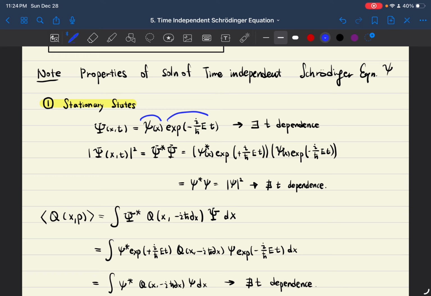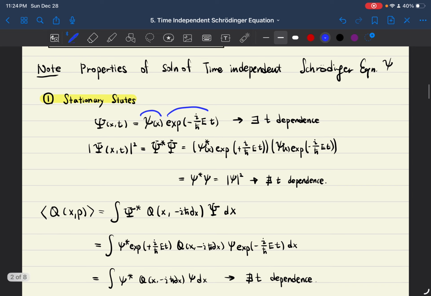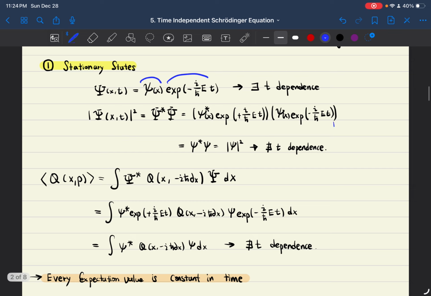So actually, this original solution psi of the Schrödinger equation has time dependence. However, its probability density, which can be calculated by the simple conjugate method, has no time dependence, as you can see here.